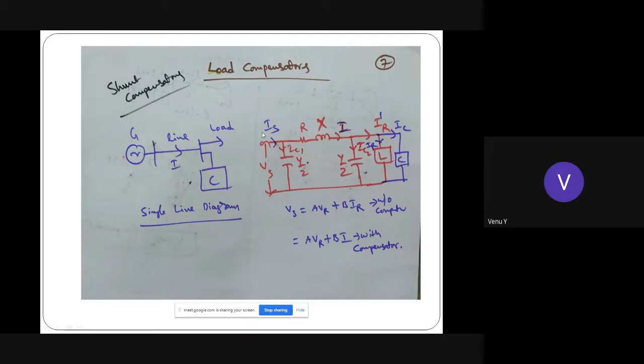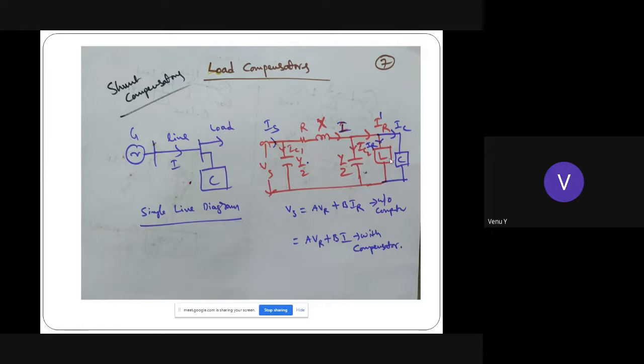So let us take the nominal pi model, in which half of the admittance is concentrated at the sending end and half of the admittance is concentrated at the receiving end, and the impedance is concentrated at the middle of the line. The load is connected at the terminals and also the compensator is placed at the load terminals.